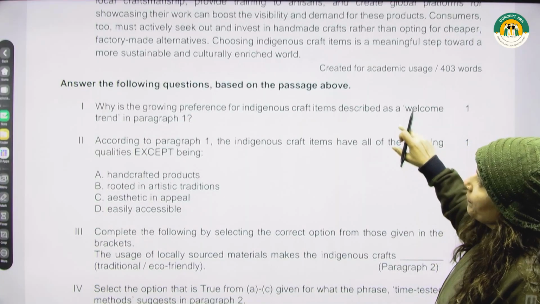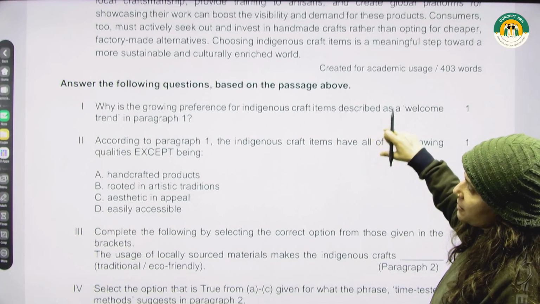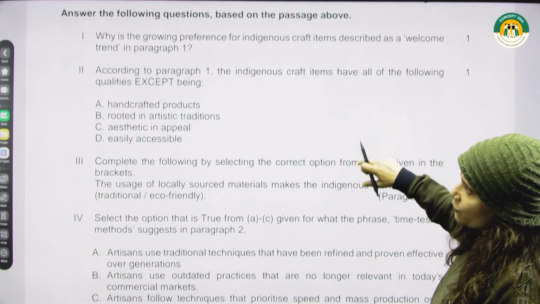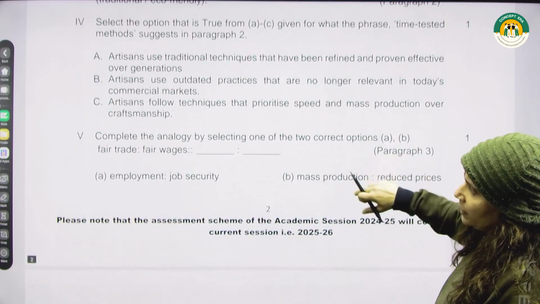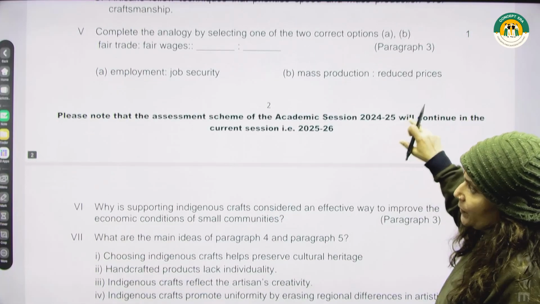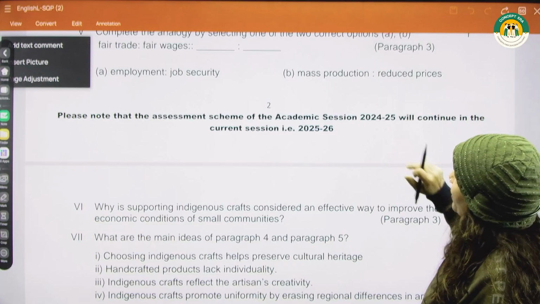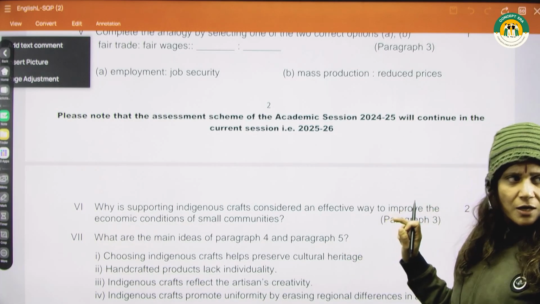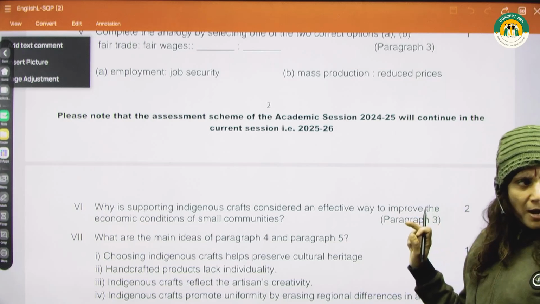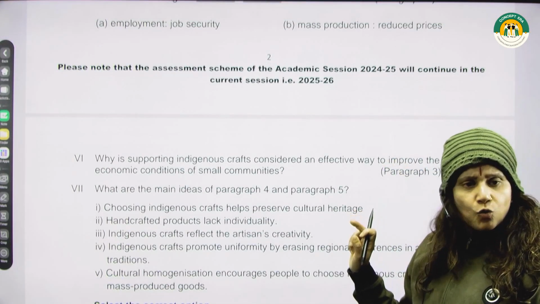In question number 1, which is a comprehension passage, there are 8 questions, question number 1 to question number 8. There are 6 questions which carry 1 mark, while 2 questions carry 2 marks.